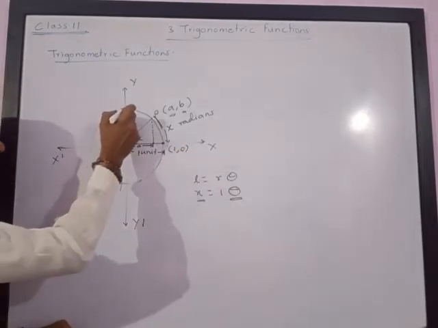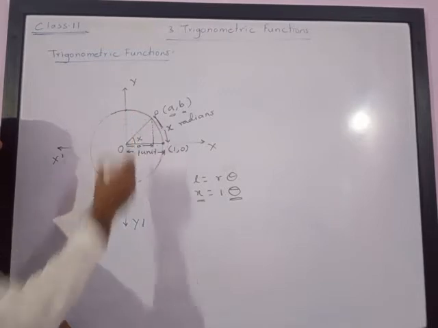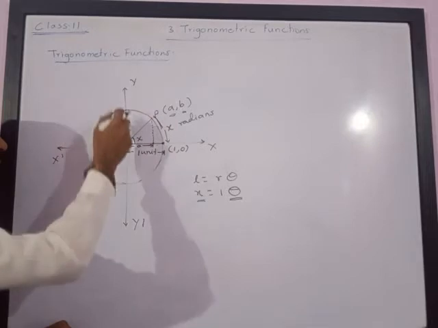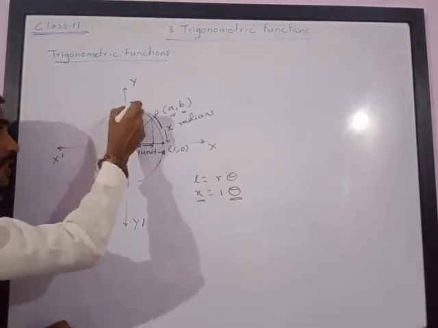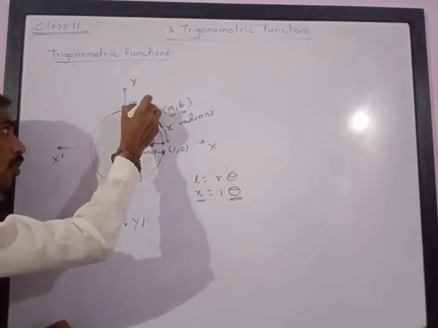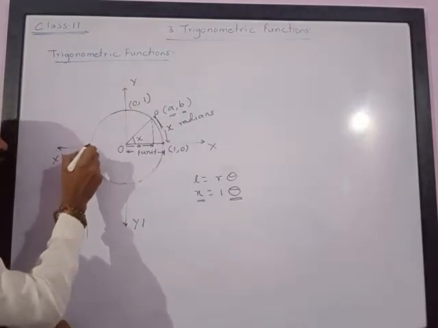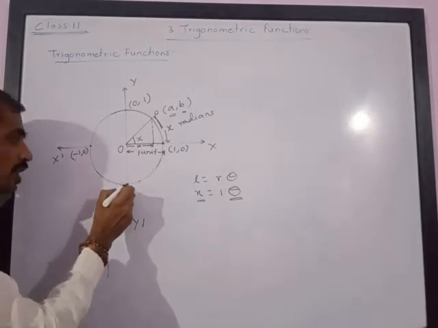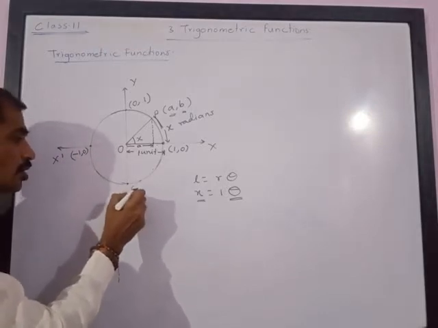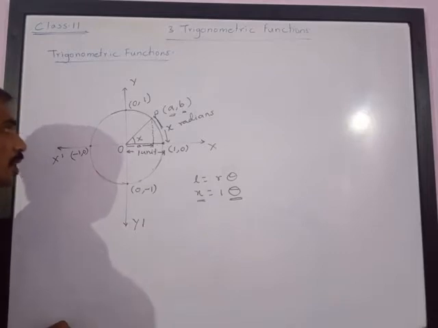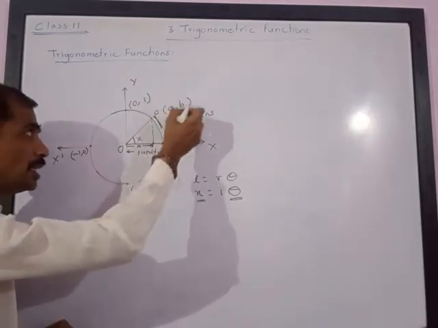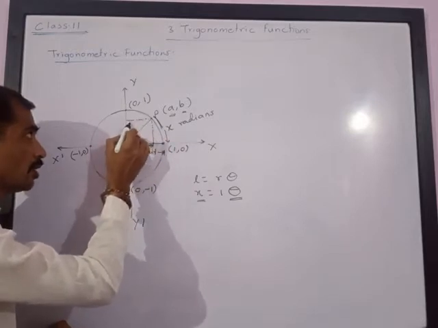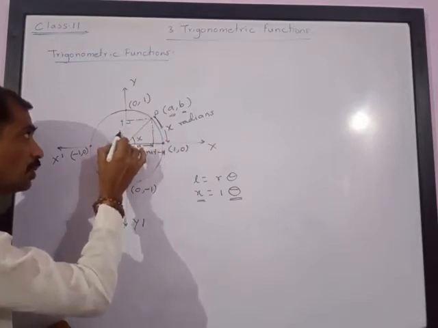Now if you consider this point, the coordinates of the point which meets the y-axis are 0, 1. The coordinates of this point are -1, 0. The coordinates of this point are 0, -1. Now since b is the y coordinate, if you draw a perpendicular on the y-axis, you will get this distance equal to b units.